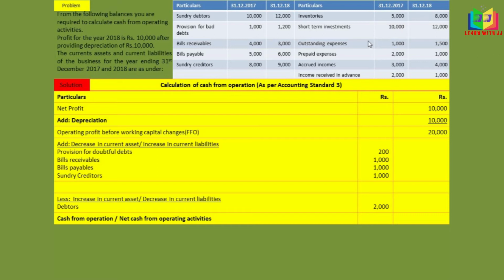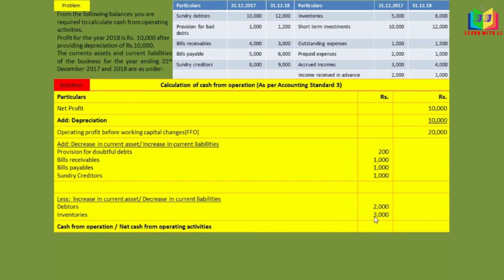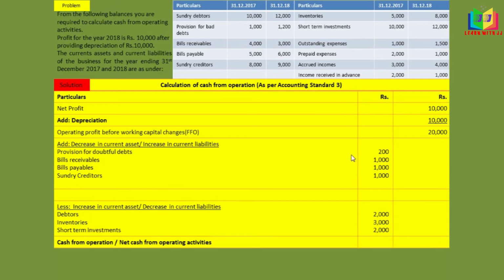Inventory is 3,000. And short term investment is a current asset and opening balance is 10,000 and closing balance is 12,000. This also increases, so current asset increase means we have to subtract it. Short term investment 2,000. Next, outstanding expenses is a liability. It is 1,000 in the opening and in closing it is 1,500.